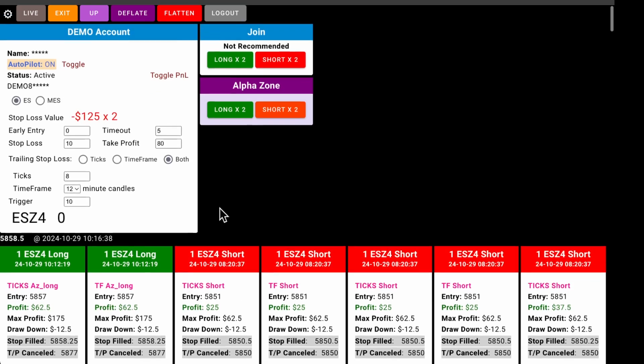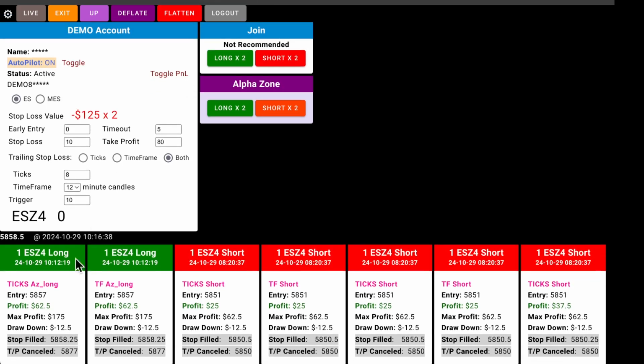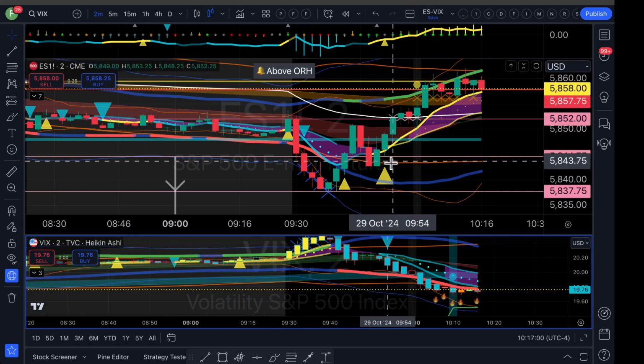So now we just got built there, and you can see that we made 62 times 2, so 130 bucks basically, 25. So that was our first trade for the day.